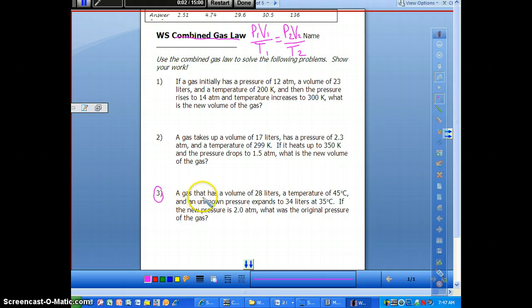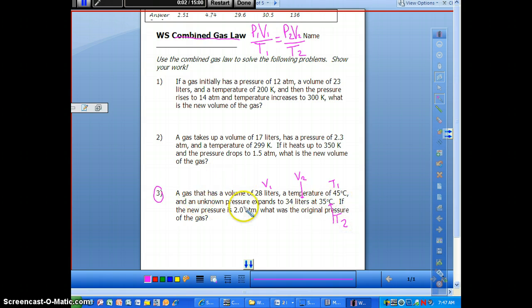So as you went through here, you should have labeled 28 liters as V1. It's connected to a temperature of 45 degrees Celsius, which is T1, and an unknown pressure expands to 34 liters and 35 degrees Celsius. That means we have a second volume V2, a second temperature T2.